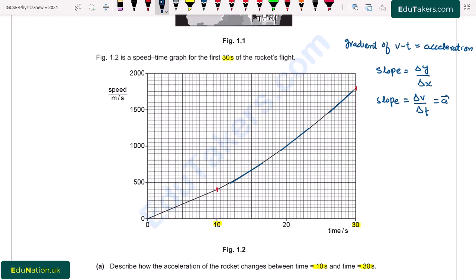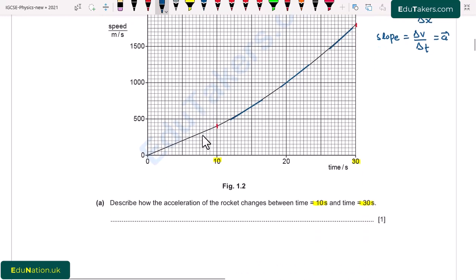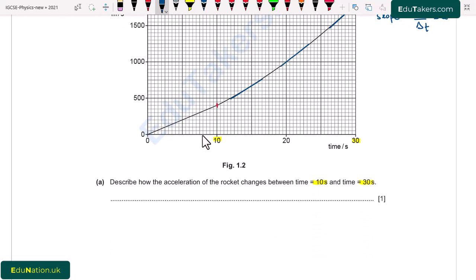So we can simply say that the acceleration of the rocket is increasing. So I write here: acceleration increases between time t equal to 10 to 30 seconds.